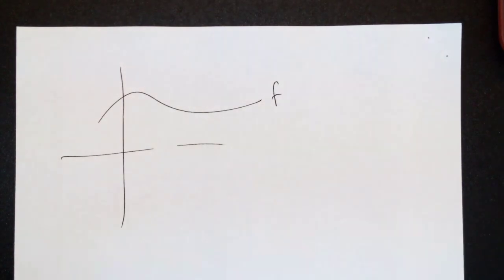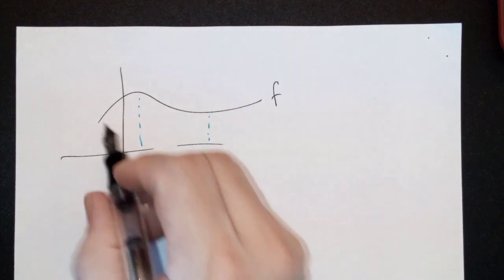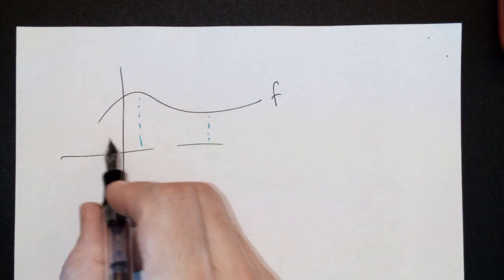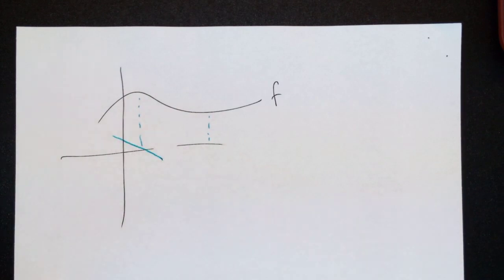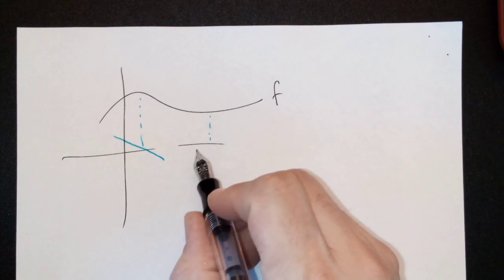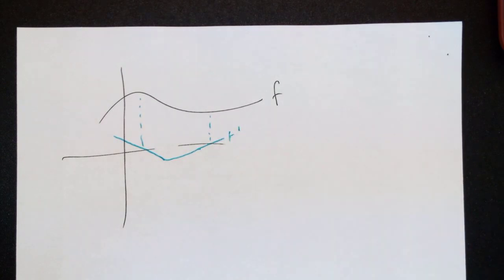If this is F, over here my slopes are positive. But over here my slopes are negative. Here my slopes start to get positive again, but they're very little, aren't they? So it is whether it's above or below the x-axis.